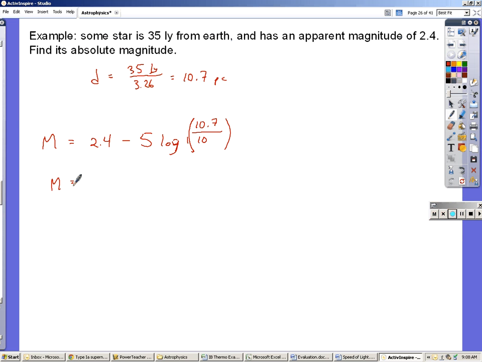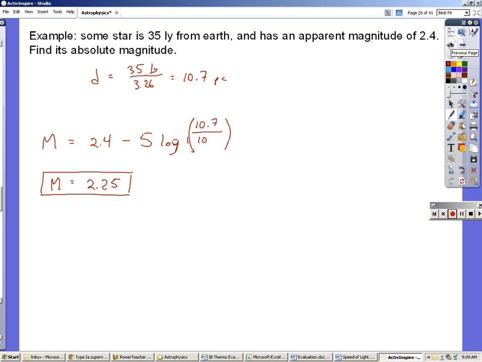And when we do this, we get an absolute magnitude of 2.25. So this is more luminous than the sun by roughly a factor of 6. No, more than that, 8. I'll let you figure out how I got that later.